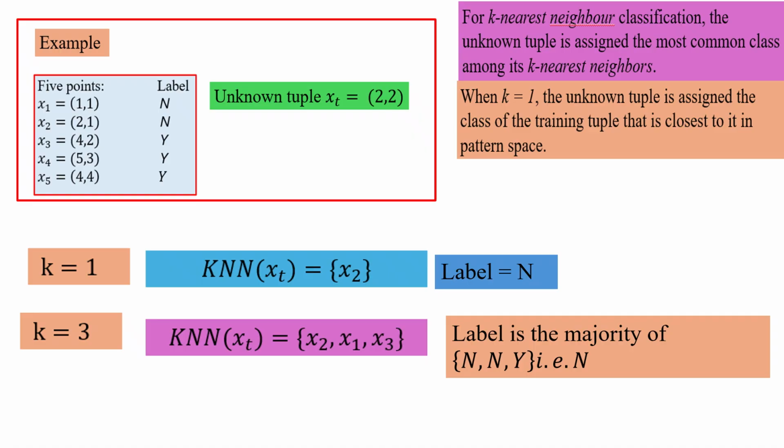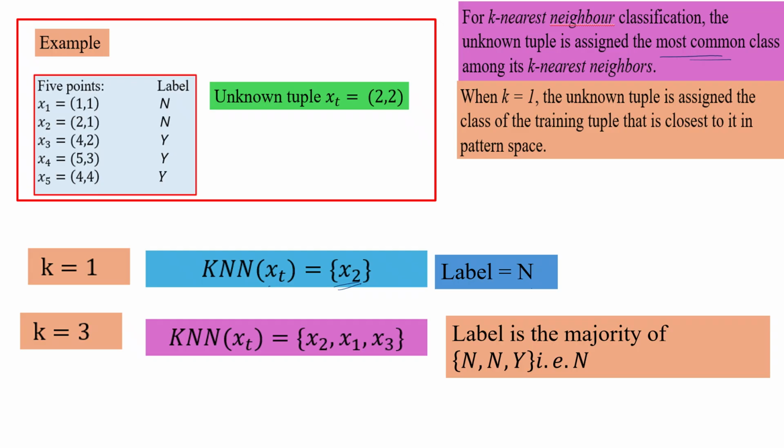Now we go on to the classification. For recall, I've written this down. For k-nearest neighbor classification, the unknown tuple is assigned the most common class among its k nearest neighbors, and for 1, it is given the label of the closest training tuple. When the nearest tuple is x2, its label is n, so we have written n.